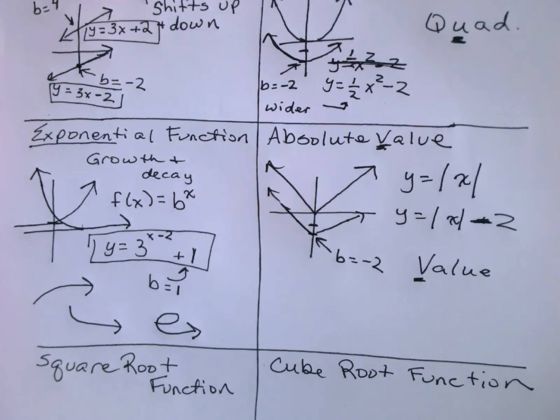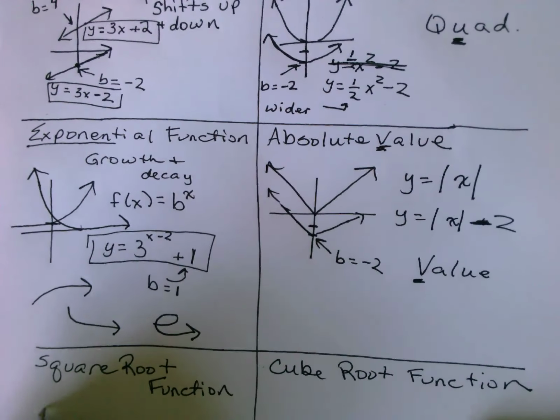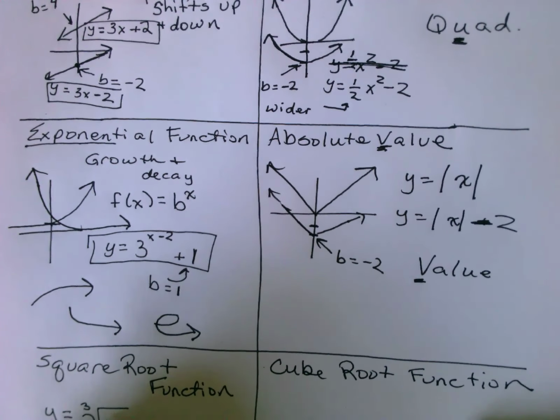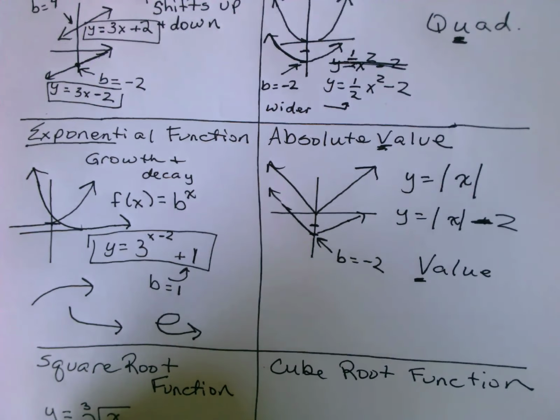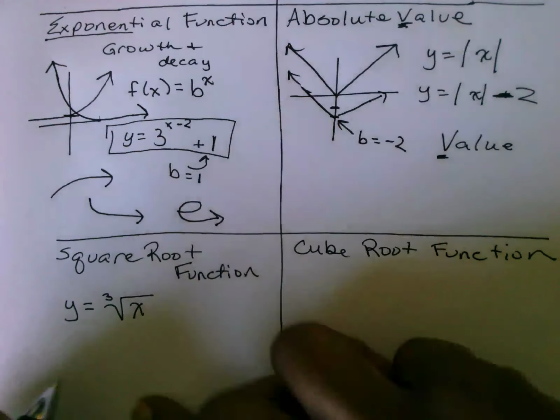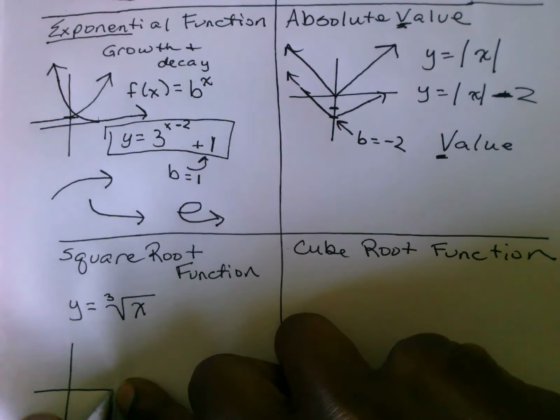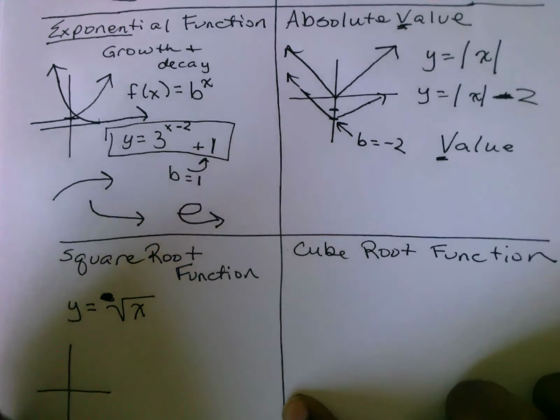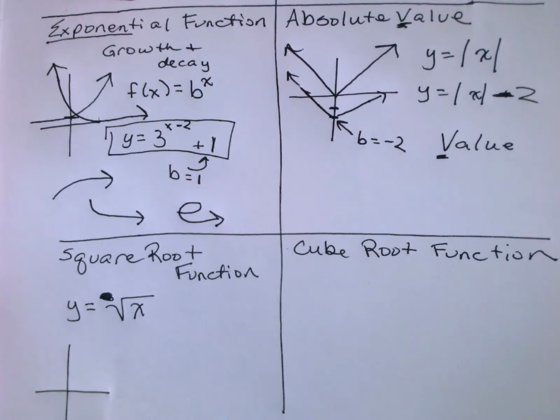The cube root function, we've talked about cube roots. Y'all have seen it in the last unit. Like if you have y equals the cube root of x, then the graph of that cube, oh, I'm sorry, this is a square root. Take that off. Let's say y equals the square root of x.